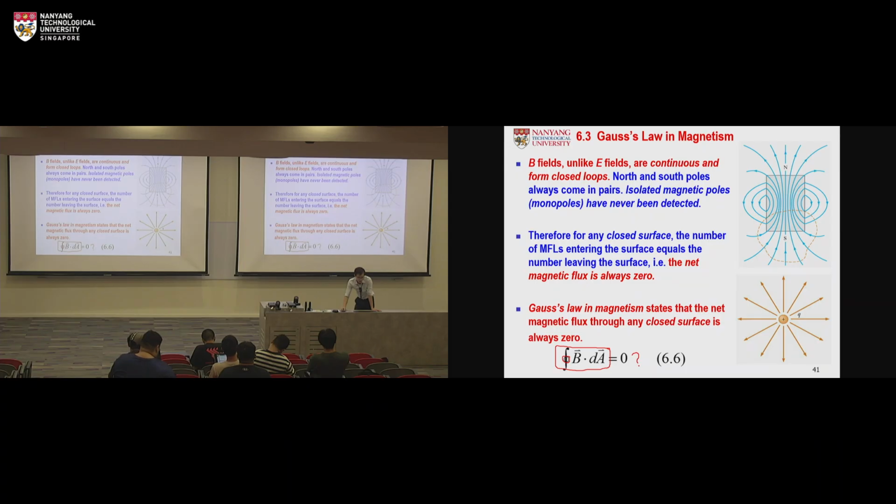For any kind of B and any kind of closed surface, as long as it's a closed surface, then that one must be 0. Okay?